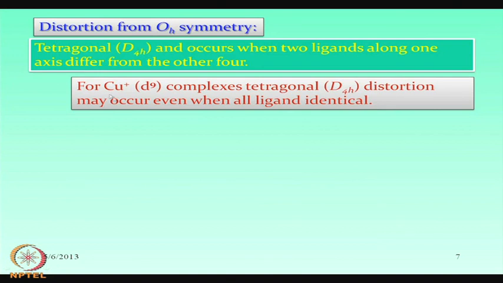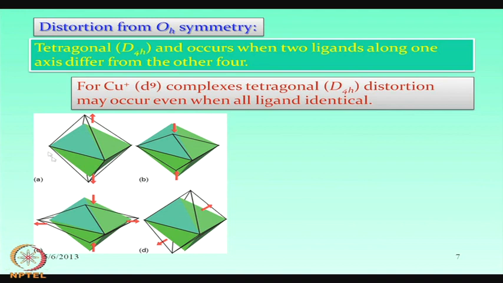In the case of copper also, a d9 situation, tetragonal distortions may occur even when all ligands are identical. That means the Jahn-Teller distortion is operating there. So, this is the first situation we have seen just now.